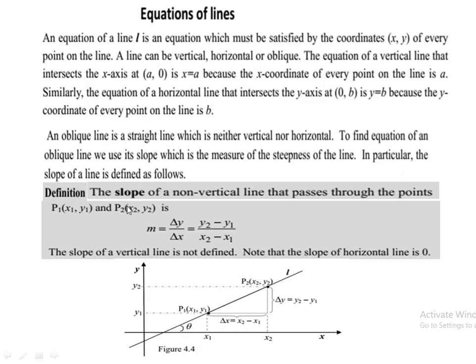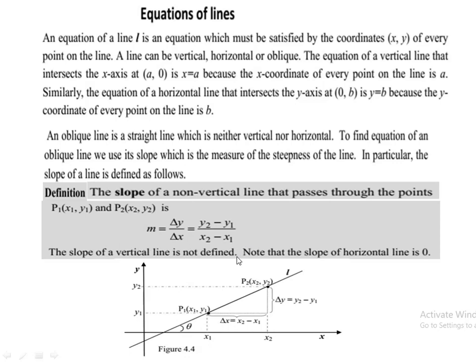Definition: for a non-vertical line passing through points p1 and p2, if p1 is (x1, y1) and p2 is (x2, y2), then the slope is given as change in y over change in x, which equals (y2 minus y1) over (x2 minus x1).